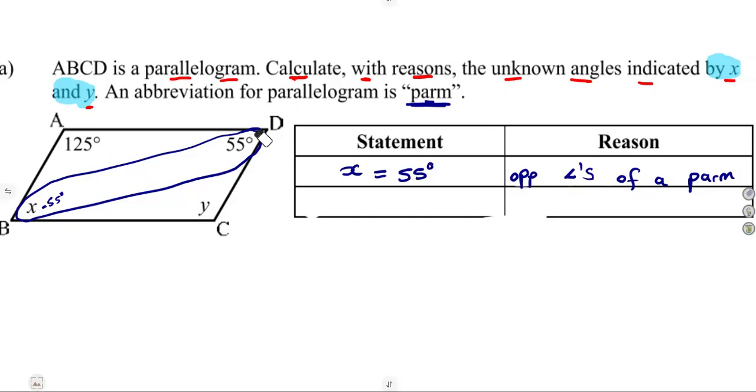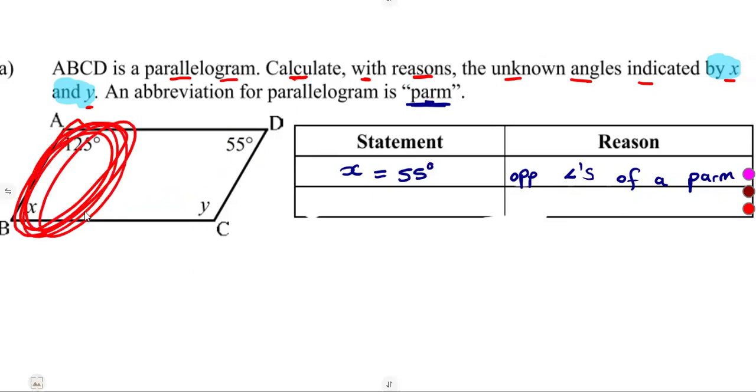Was it the only reason that we could have determined this? No. What about this A and B? There's something that we talked about on adjacent sides of a parallelogram.